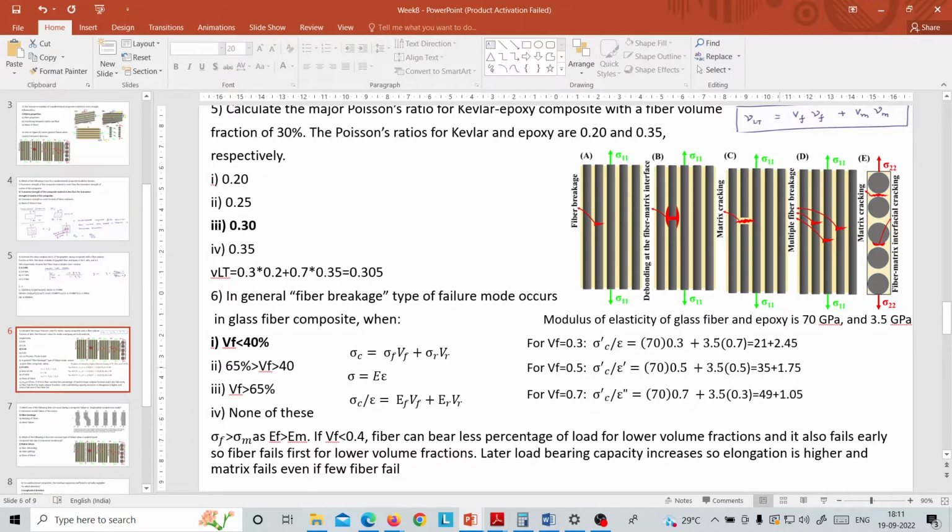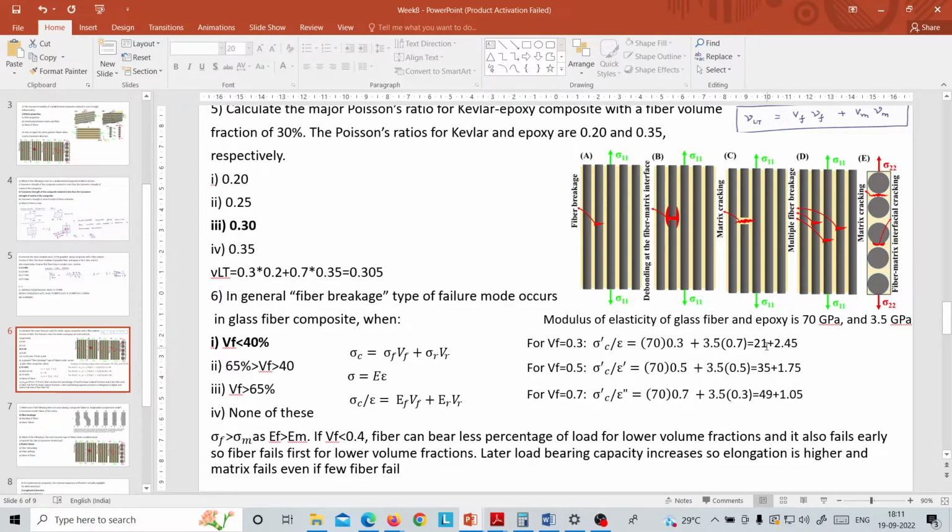It is 2.5, then 1.75, and then 1. So when we increase the volume fraction, the fiber load bearing capacity increases significantly, and thus the failure strength of this composite would be far higher compared to the one manufactured with 0.3 volume fraction.